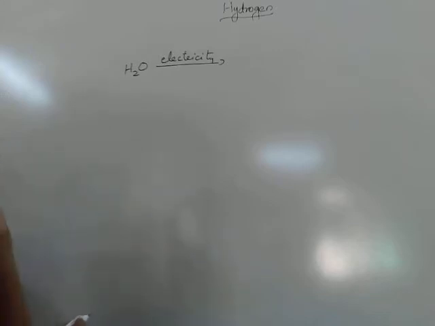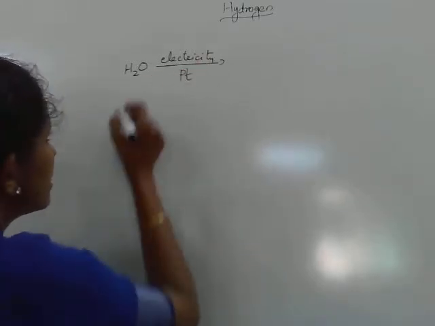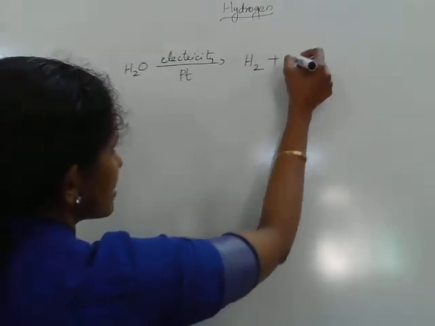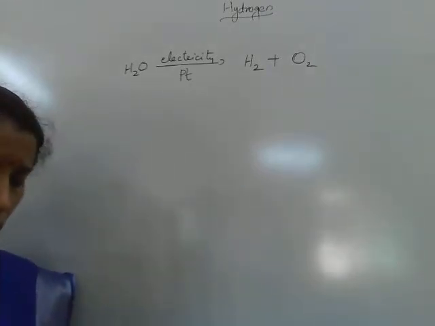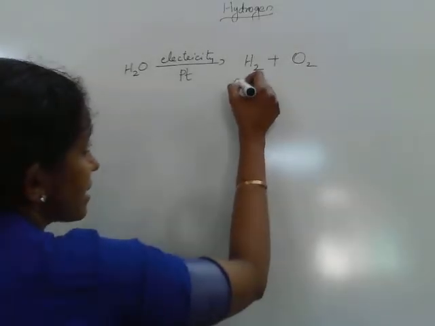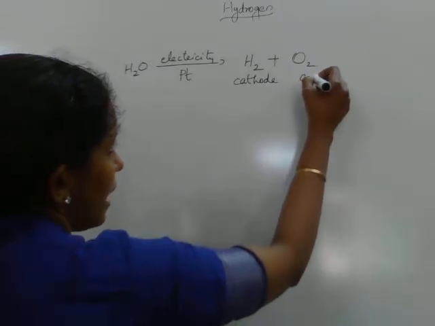When we pass electricity using platinum electrodes, the H2O molecule decomposes to give H2 gas and O2 gas. Hydrogen gas is collected at the cathode and oxygen gas at the anode.